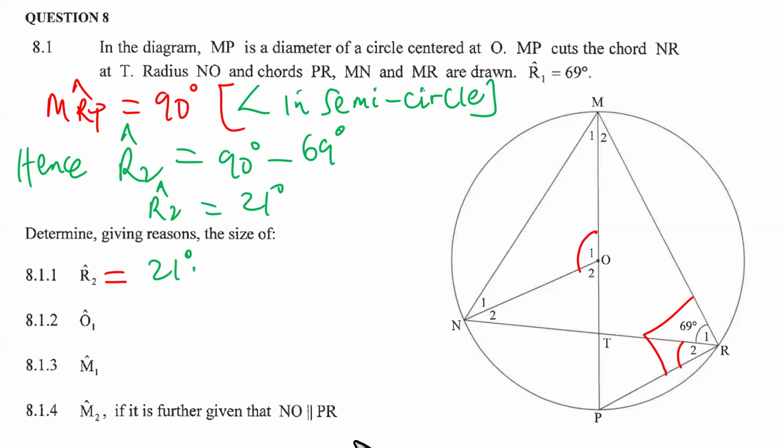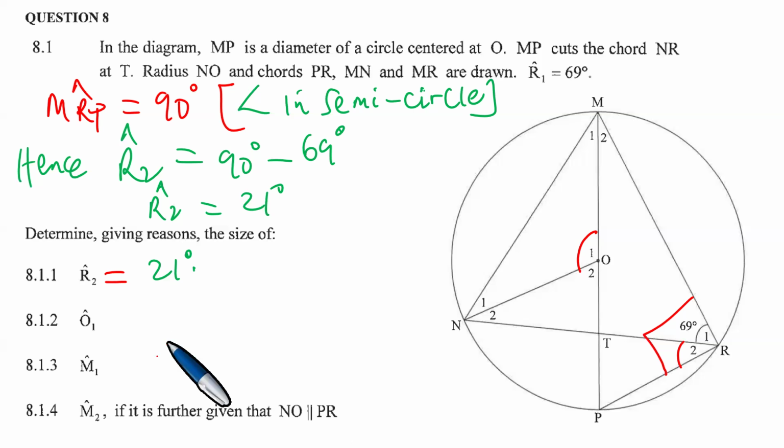O1 is 2 times the angle at circumference, making it... Okay. Well, what do you think the size is? 138. 138 degrees. Okay, that is very interesting.